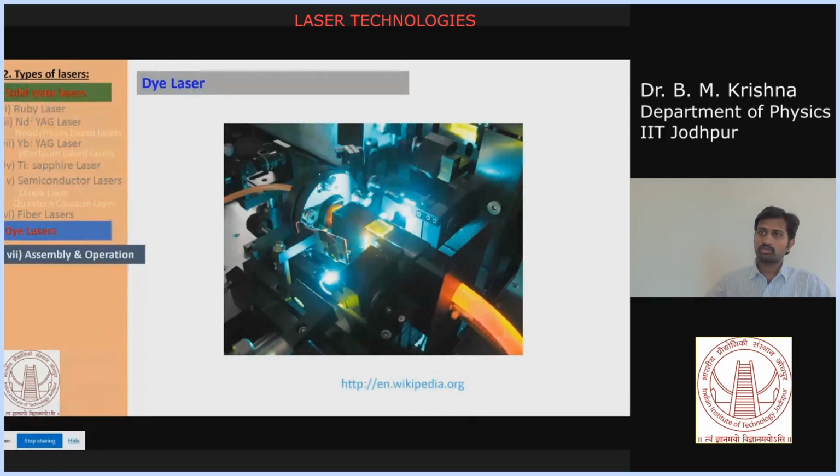In this cavity you have an optically transparent pass. So you have a container here, the dye container. You have lasing in this cavity, and then the output comes out in this direction. Okay, so this is the assembly and operation of your dye laser.